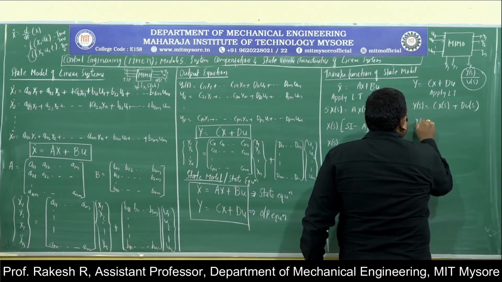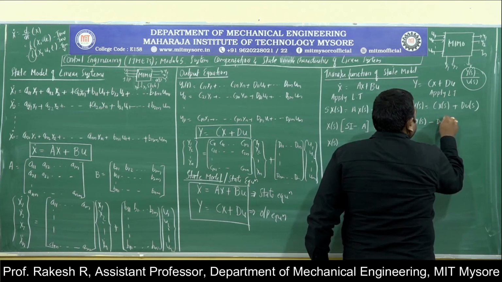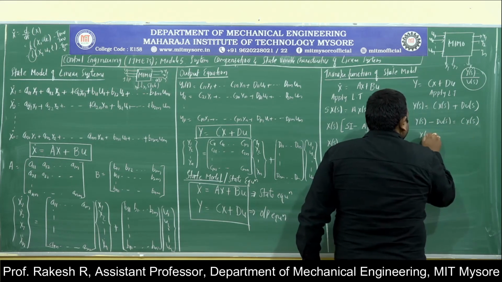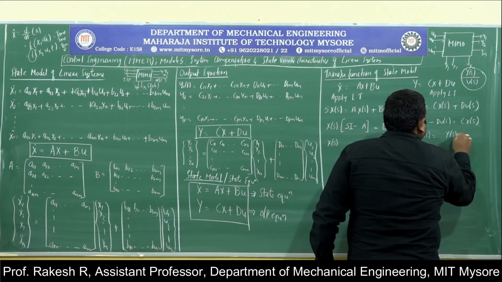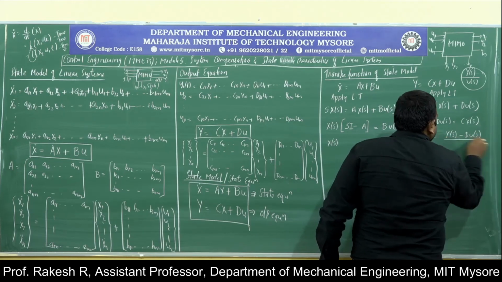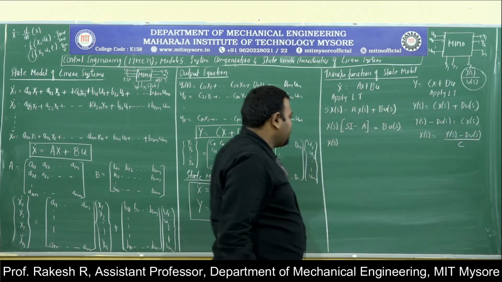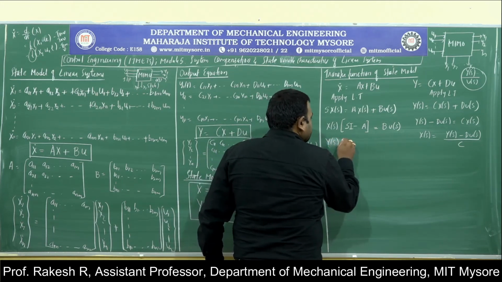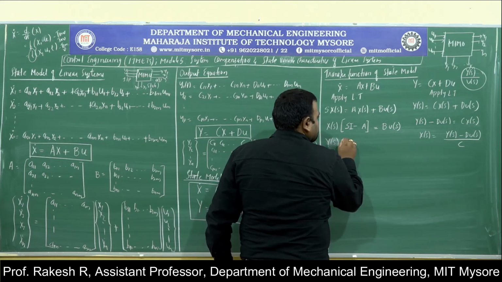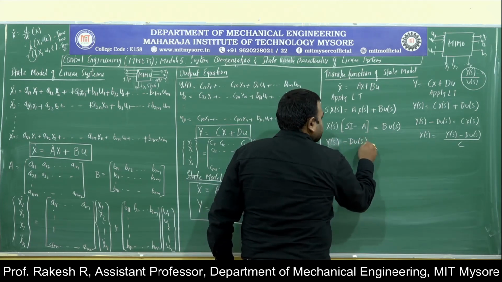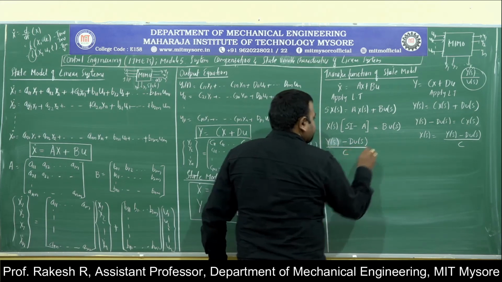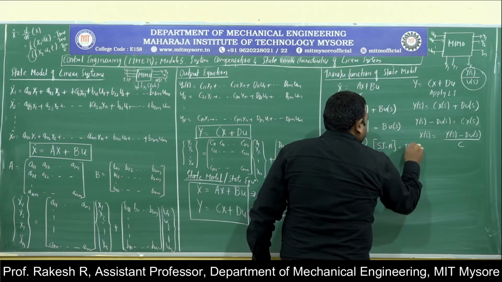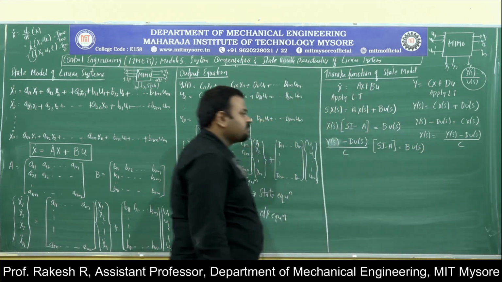So Y of s minus D into U of s will be equal to C into X of s. X of s will be equal to Y of s minus D into U of s divided by C. I will substitute the value of X of s. Y of s minus D into U of s divided by C into (sI minus A) equal to B into U of s.